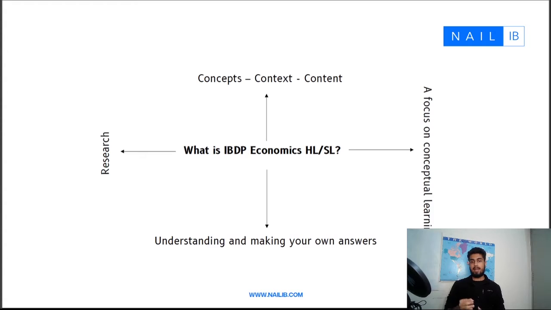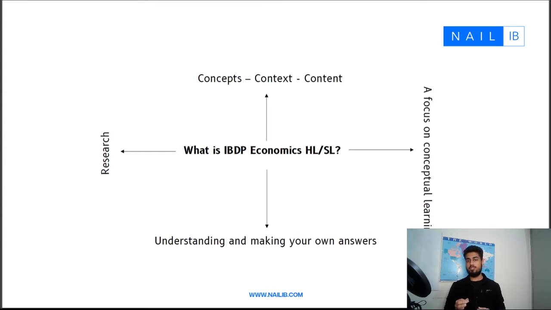And as I've already mentioned, IB does not want you to just skim through the textbook and put it down in the exam paper. They want you to understand the concepts and make your own opinions. They value what students have to say. So essentially, if you have a certain inclination towards an economic policy, that's amazing, all right? But IB expects you to write down that opinion with justification.